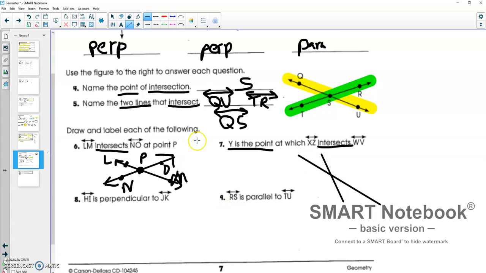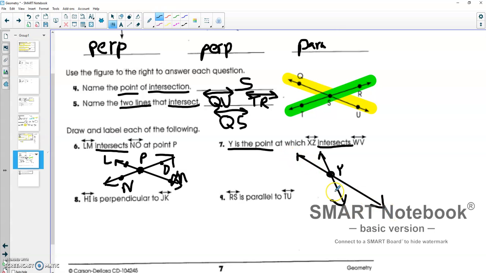Looks a little different from what we know, but still two lines crossing. Because they're lines, they go on forever. So I'm drawing these lines. Y is the point of intersection. So I'm going to put Y here. That's where they meet. XZ.